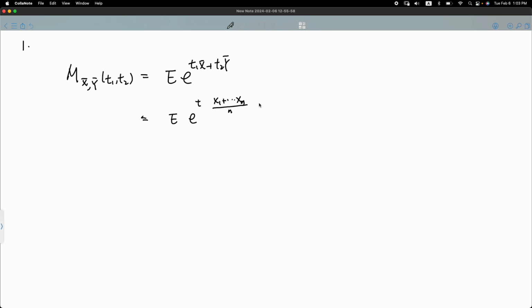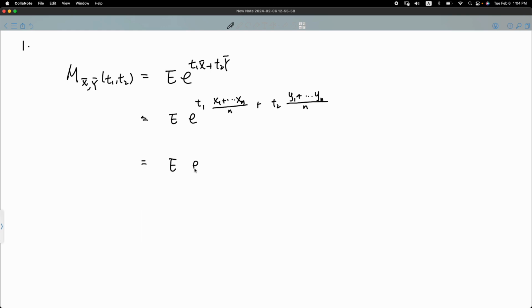Here's the t1, and then t2 times the sum of y1 to yn over n. Now it just depends on how we are going to group these things. We group them in the following way, where we combine the x and y with the same index.